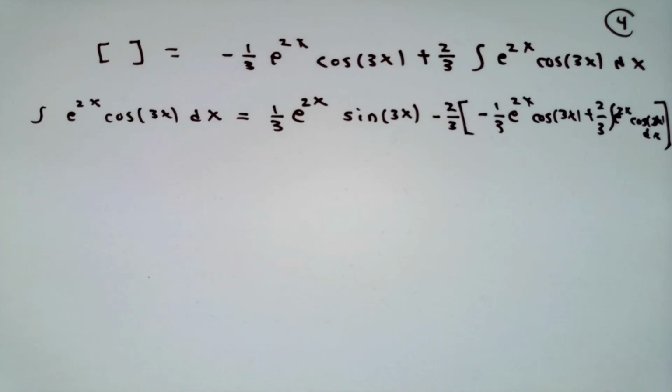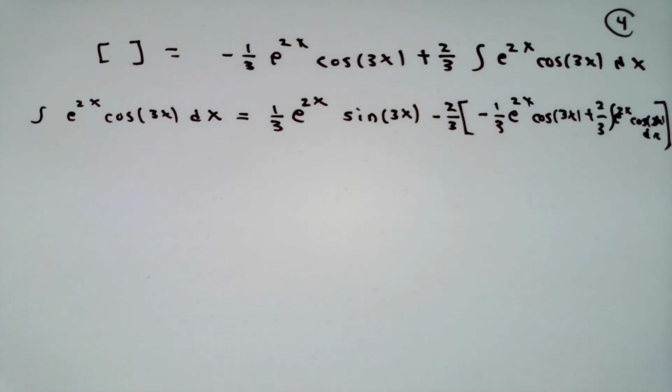Putting all of this together, we have the following atrocious looking mess in which the integral of e to the 2x cosine 3x shows up on both sides of the equation, but we're going to do something that's very similar to what we've done in the past.